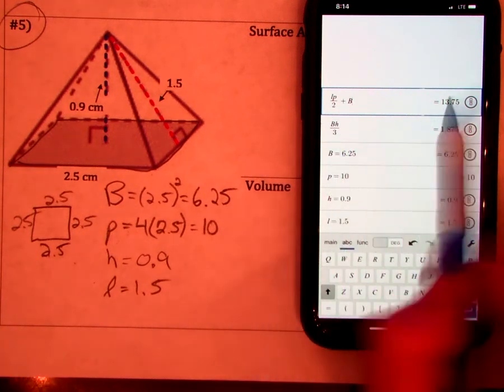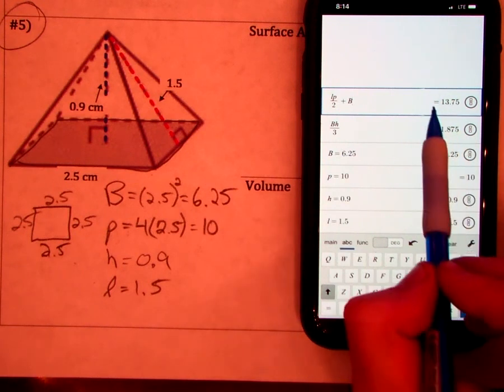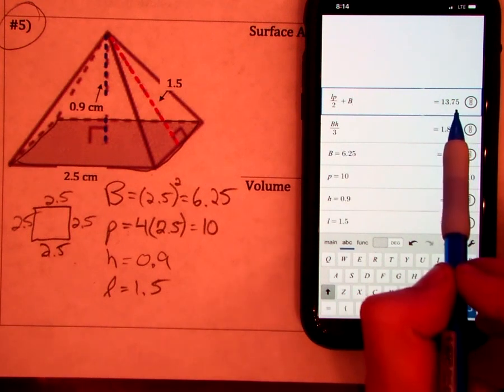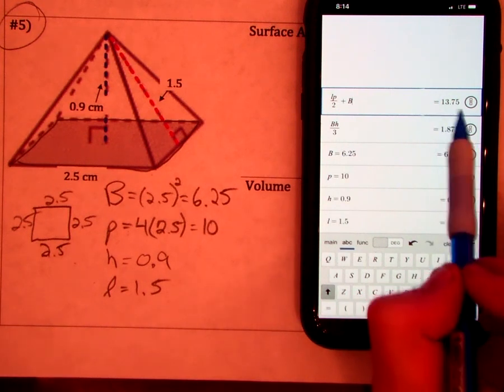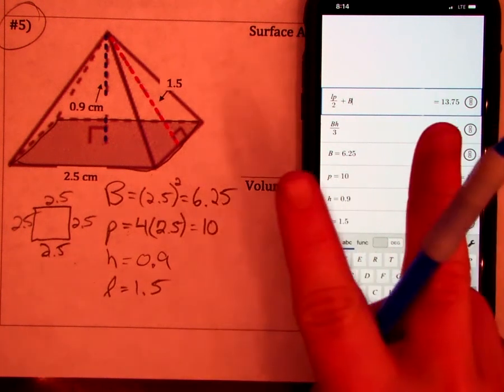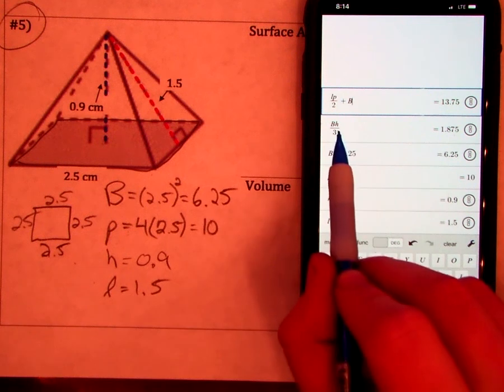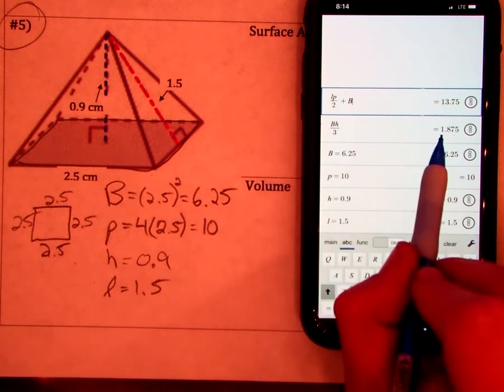So again, in conclusion, our value for surface area of this square base pyramid is going to be 13.75, and that's going to be centimeters to the second power. And then the volume is going to be 1.8.